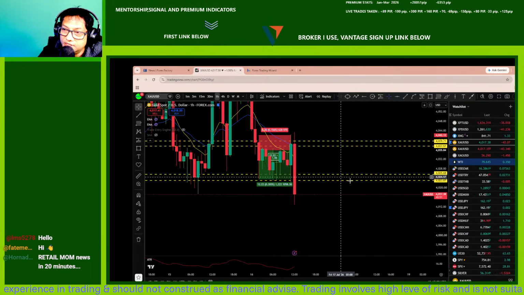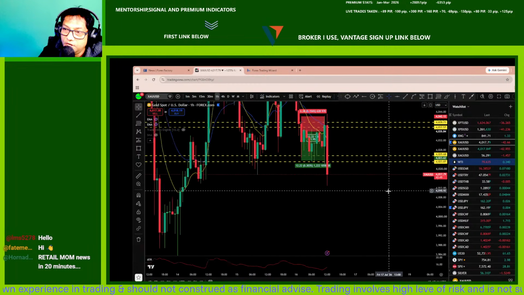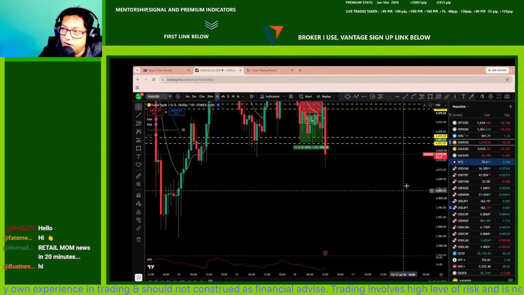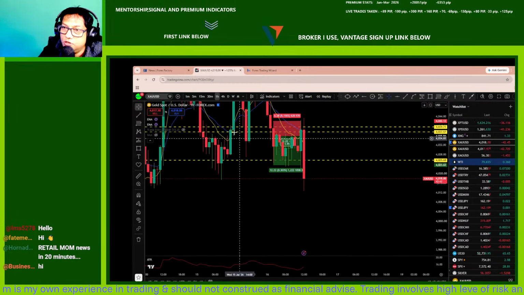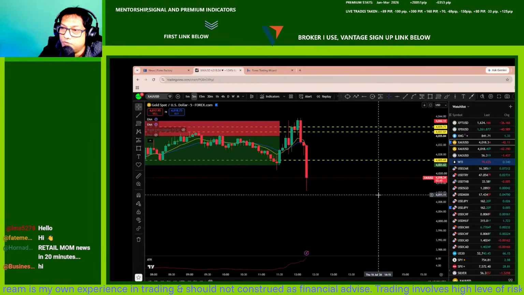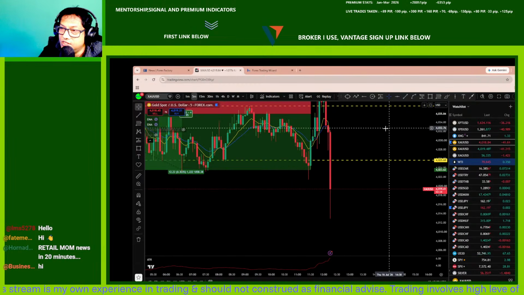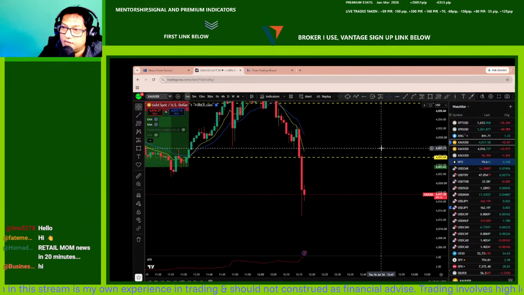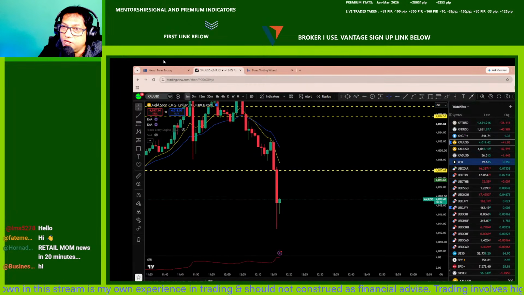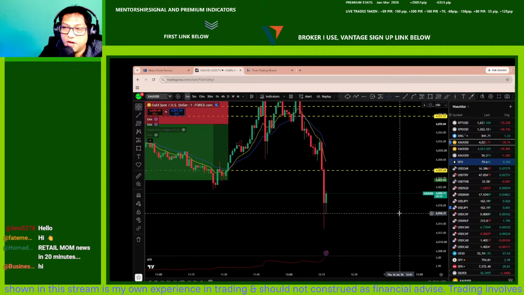Because of that, the price action is most likely to reverse back to this support. So from the technical analysis, we will be looking at this market to give us a possible entry. And the market is pretty volatile.